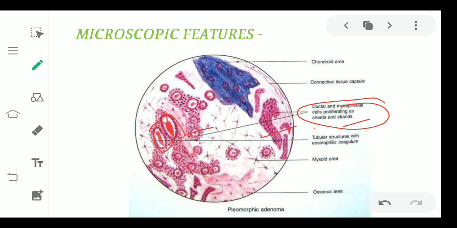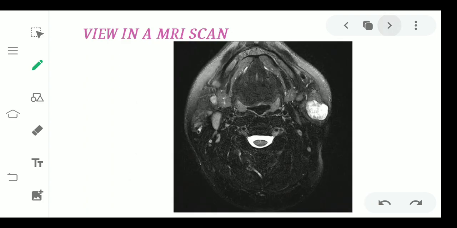Usually inside it, in the center, it contains some eosinophilic coagulum. Then you have these star-shaped cells known as the myxoid area. This light pink structure here is the osseous area. Then all of the rest of the structure is going to be connective tissue and the chondroid area. These are the major microscopic features which will be seen.